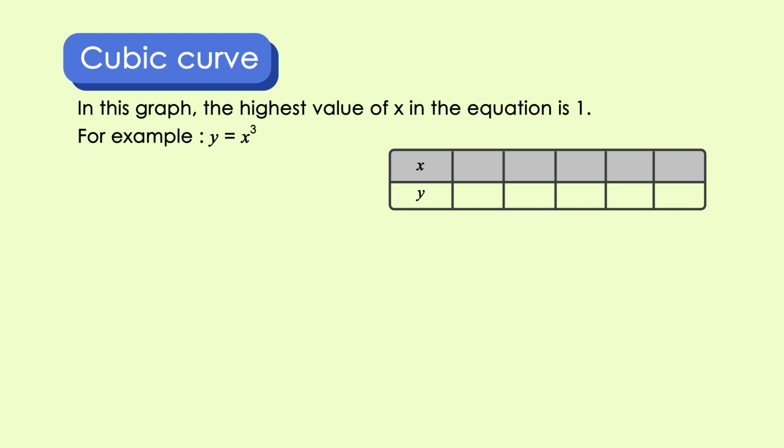First, we construct the table of values. By substituting the values of x equals negative 2, negative 1, 0, 1, and 2 into y, we can fill in the table.